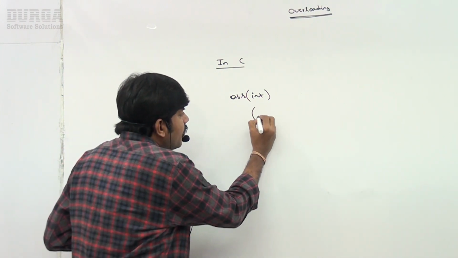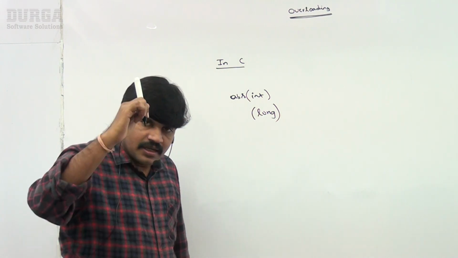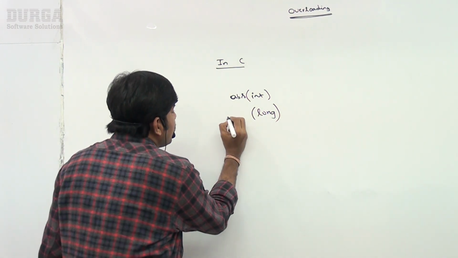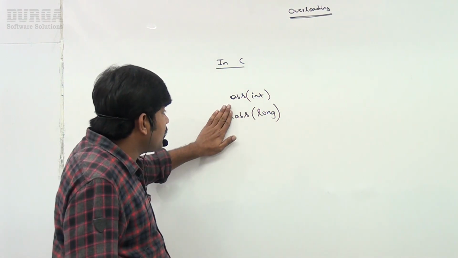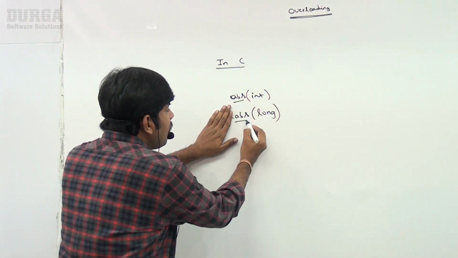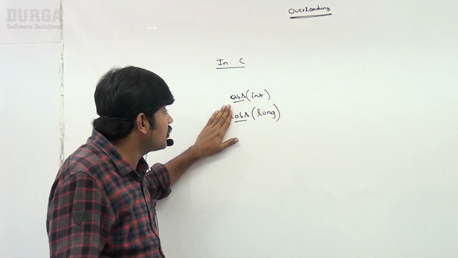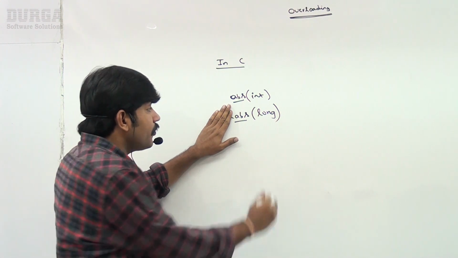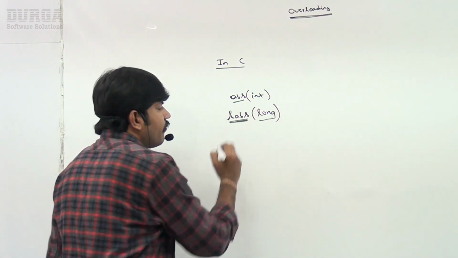If the argument type changes, the method name must compulsorily be changed, because two methods with the same name and different argument types are not allowed in C, since the overloading concept is not there. If there is a change in the argument type, compulsorily we should go for a new method.